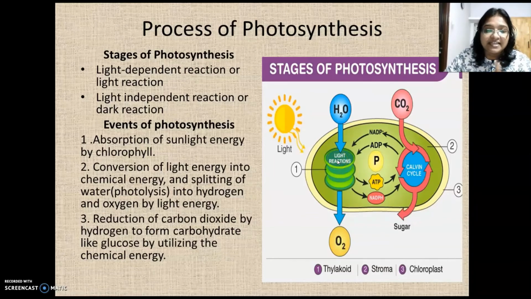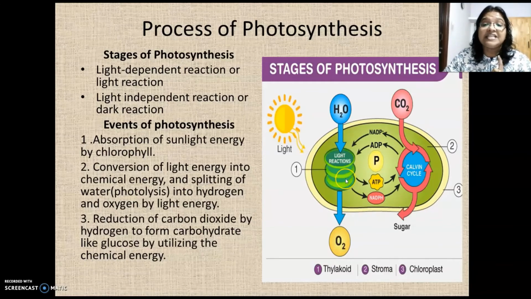So during light reaction, the light energy from the sun is trapped by the chlorophyll molecules. And there the light energy will be converted into the chemical form of energy, that is ATP and NADPH. So the light energy will be converted into chemical energy. That's the main process of light reaction.